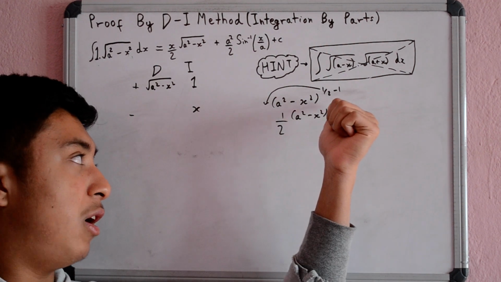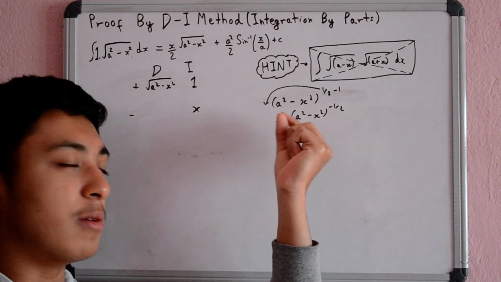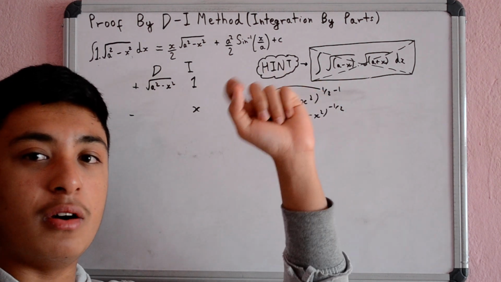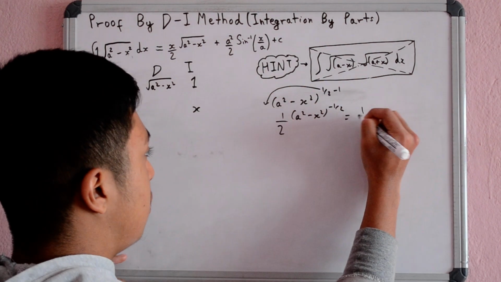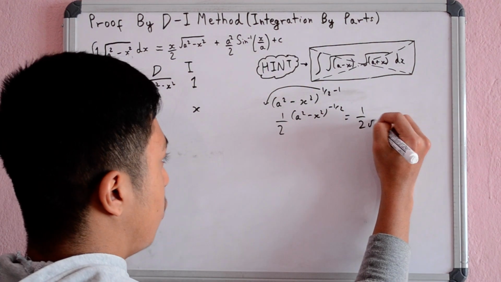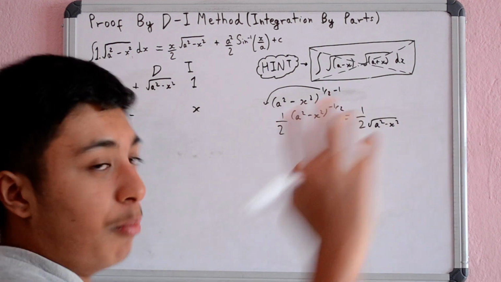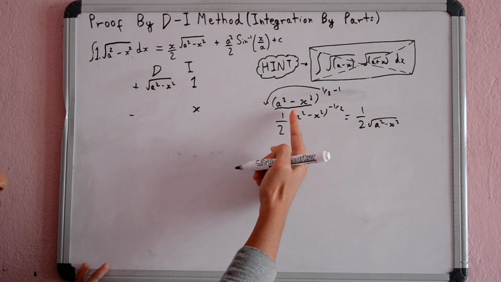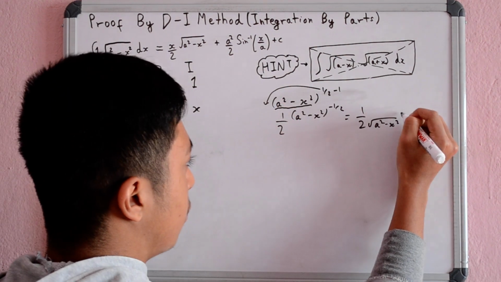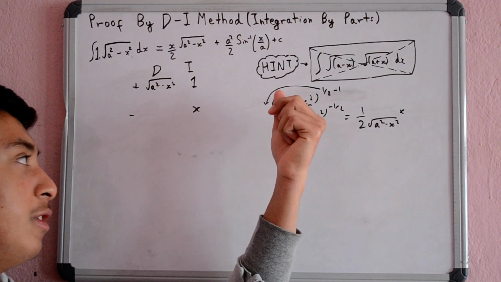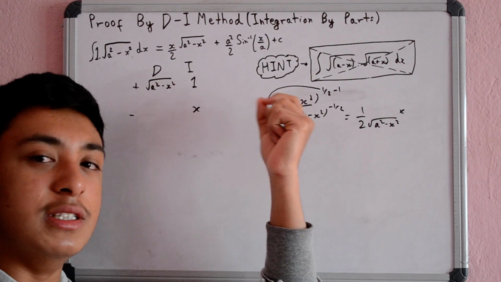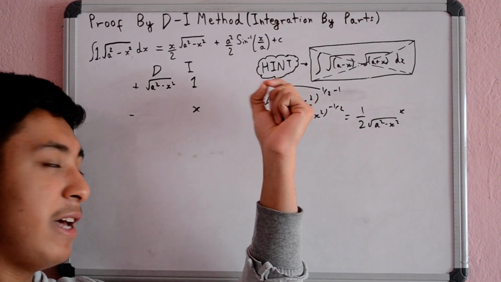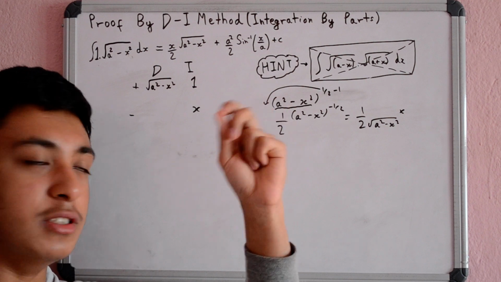So minus a half, we can put this down. This becomes a square minus x square to the power half, which is simply 1 by 2 root a square minus x square. But don't forget the chain rule, because you'll have to multiply by the derivative of this. If you differentiate this, a square is 0, minus x square's derivative is just 2x.